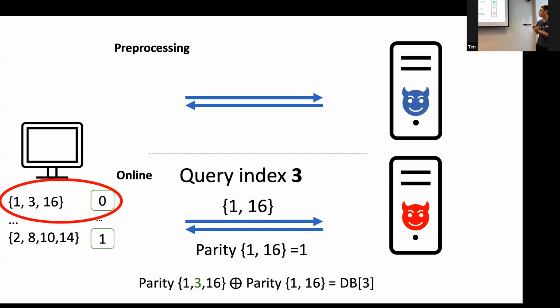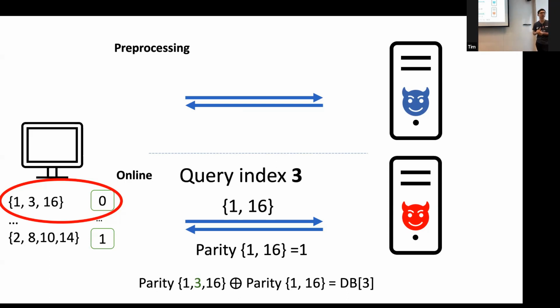Actually, I want to ask you a question. This scheme has a very terrible privacy problem with respect to the online server. Can anybody see it? The online server can learn some non-trivial information about the client's query. Go ahead. The server can store the sets. And then?